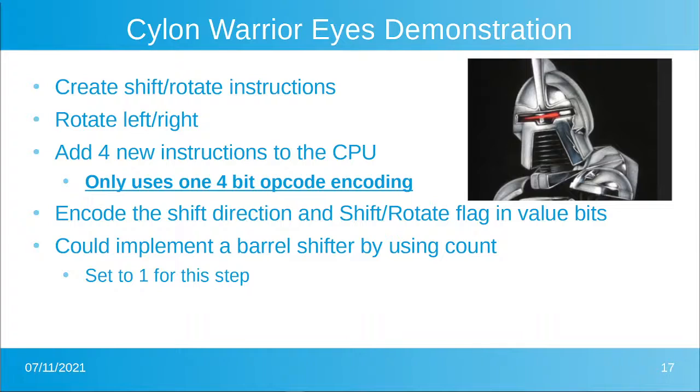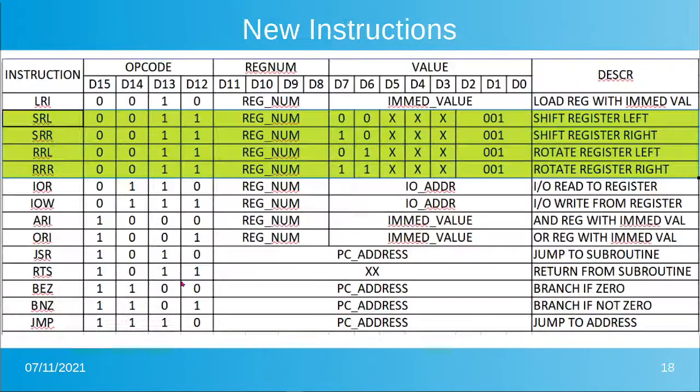But to do that, I'm missing an instruction, and that's a shift or rotate instruction. It'd be nice to be able to rotate left or right, but I really don't want to take up 4 instructions to do that. Let's find a way to do that and only use one of the 4-bit opcodes. We can encode the shift direction and shift/rotate flag in some bits out in the lower bits of the instruction. We could implement a barrel shifter by using a count as well, but let's just set the count to 1, but we'll design it so the barrel shifter could be implemented in the shifter.